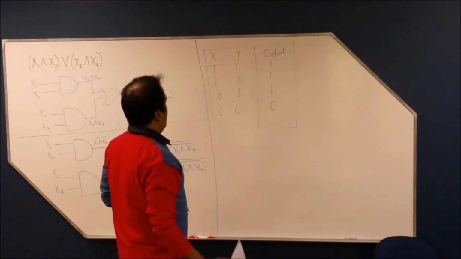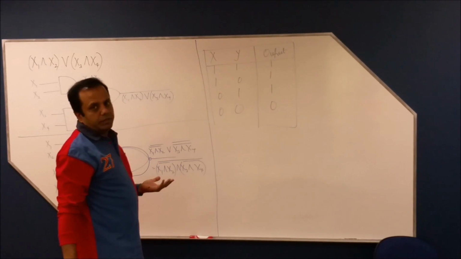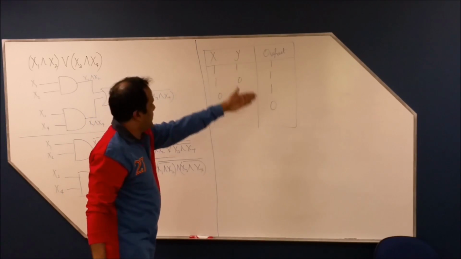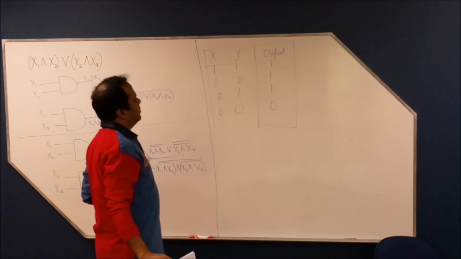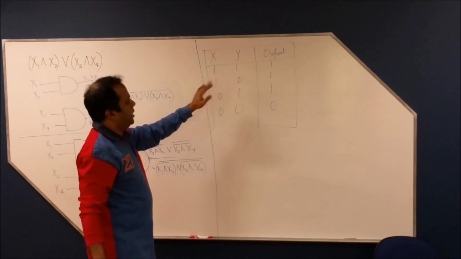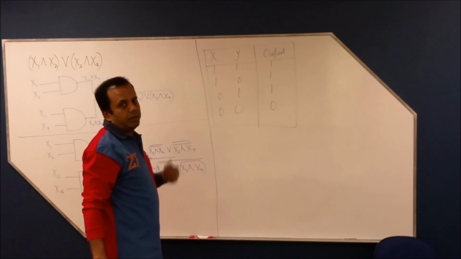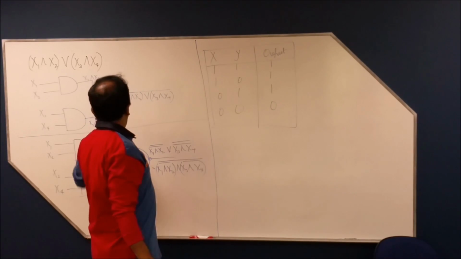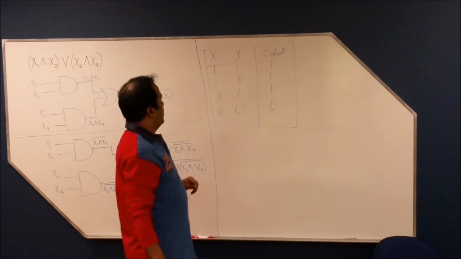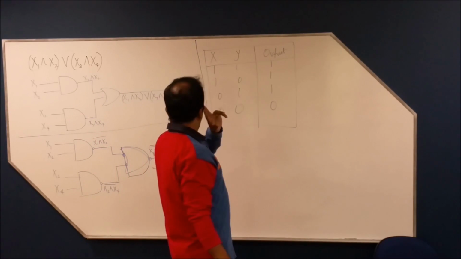Now, what do I do if I need to realize this table using a circuit consisting of AND and OR gates?